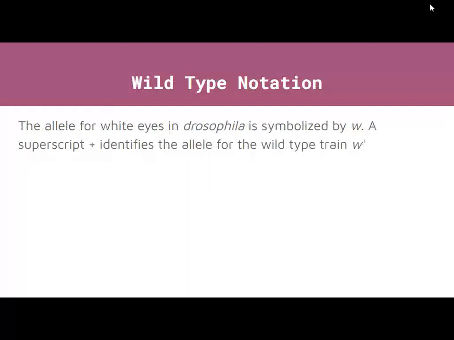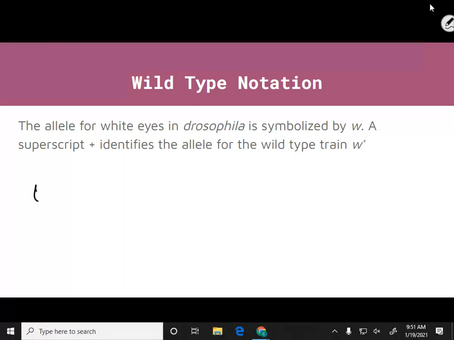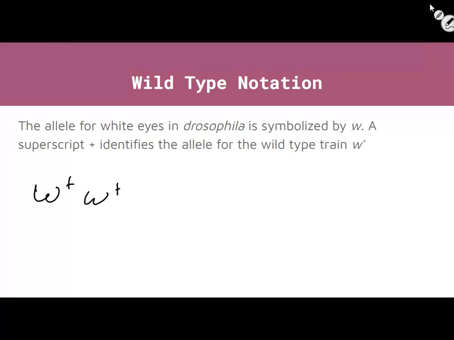So wild type notation, I figured I'd pop this in here. Probably could have made the font a lot bigger. I will fix that. The allele for white eyes in Drosophila is a W, and a superscript plus identifies a wild type. So if a genotype is W plus, they are a homozygous wild type.